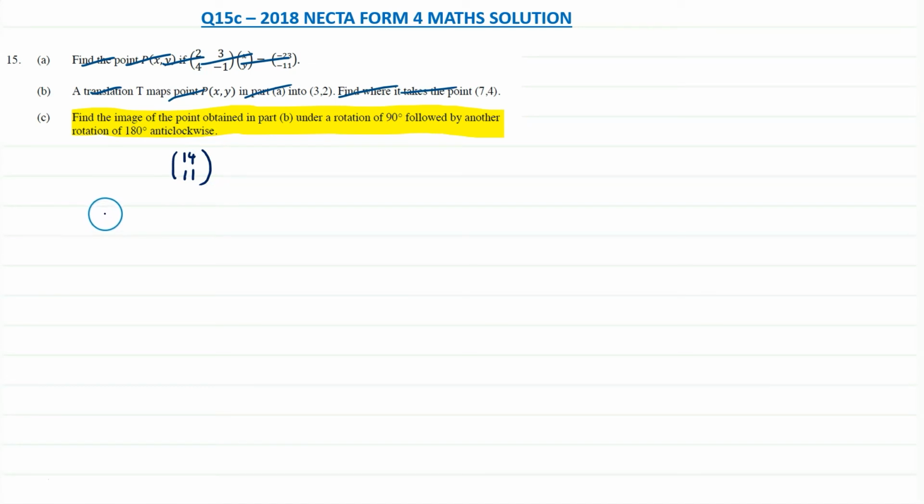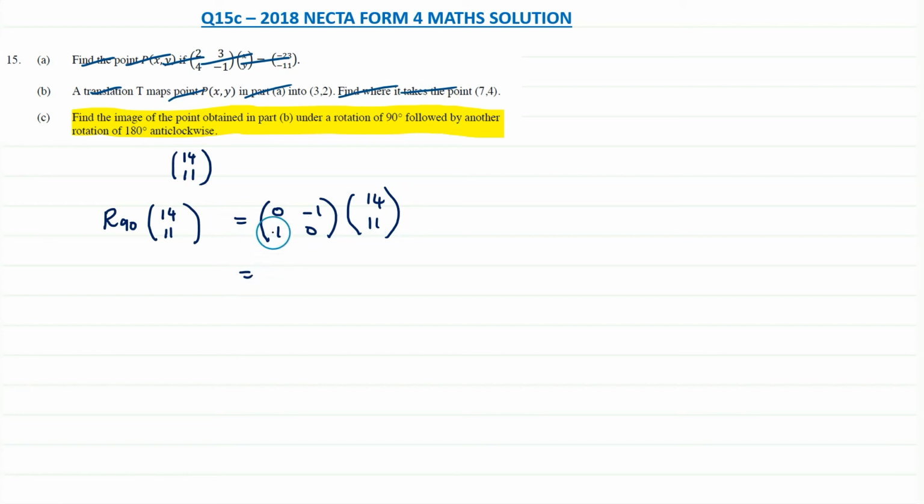What we want to do is rotate it first by 90 degrees. So we want to rotate this point (14, 11) and we want to know where it will be. So what you need to have is the transformation matrix, which you should know. The transformation matrix for 90 degrees anti-clockwise is (0, -1; 1, 0). Then you multiply with your point (14, 11).